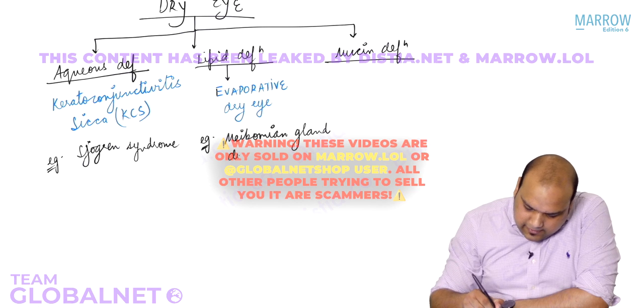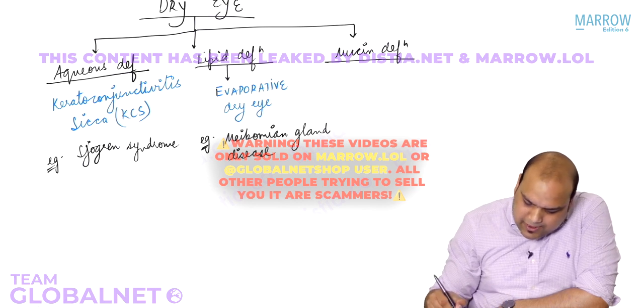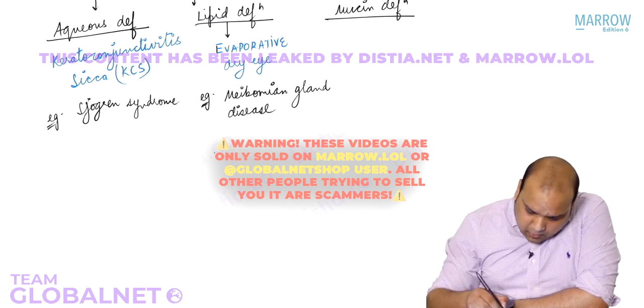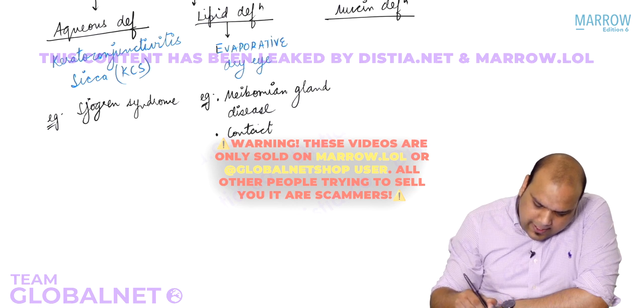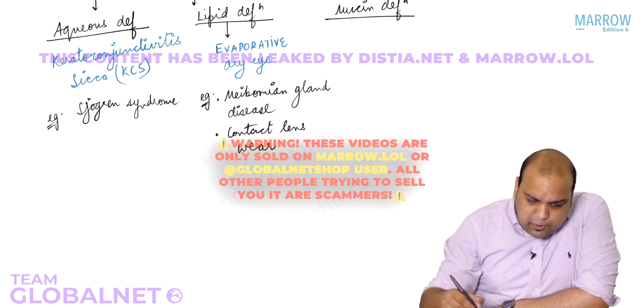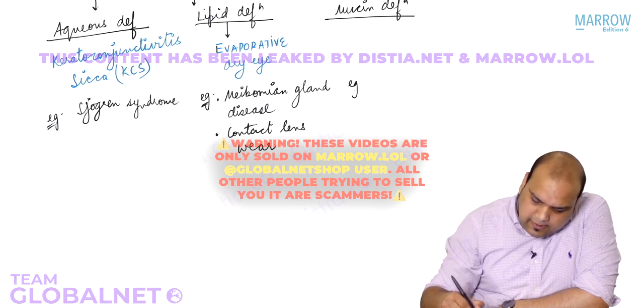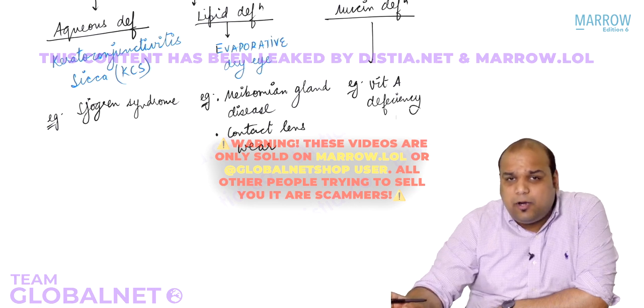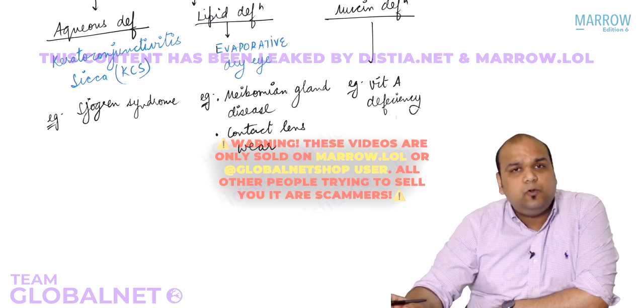I hope you understand why. So if meibomian glands are not able to secrete the lipid, obviously there will be evaporative dry eye. Or if there is contact lens wear. Usually these are the two cases. Mucin deficiency. I'll just give you one example, everybody. This is usually seen in vitamin A deficiency. Okay, conjunctival xerosis, corneal xerosis. Am I clear, everybody? No confusion about this?